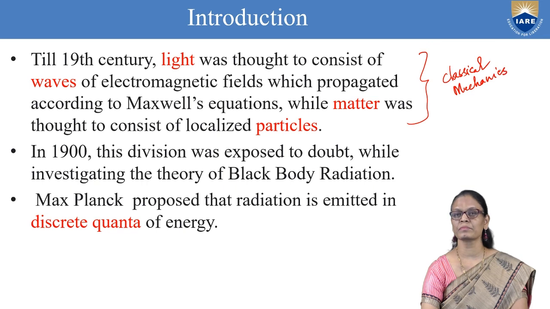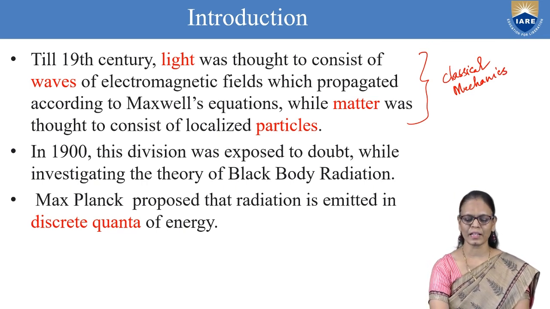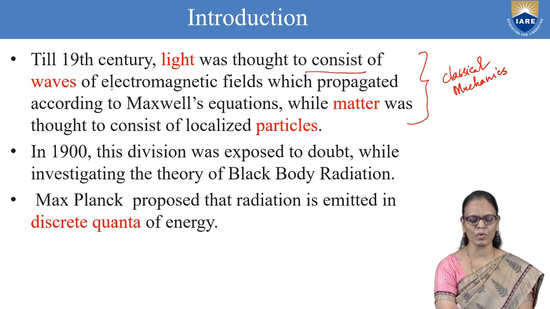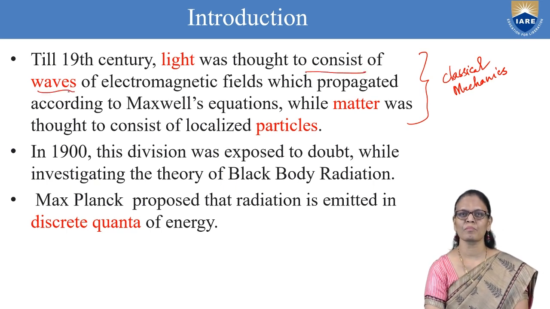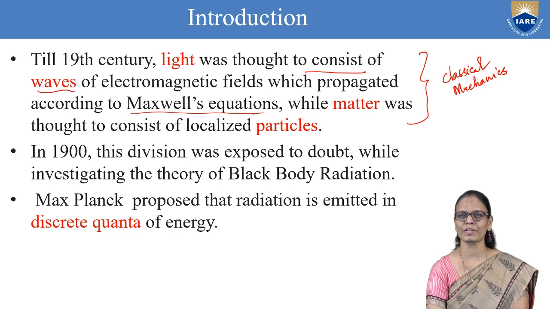According to classical mechanics, they believed that light consists of only waves, meaning it exhibits only wave nature, and it propagates in the form of electromagnetic fields, which can be expressed with the help of Maxwell's equations.